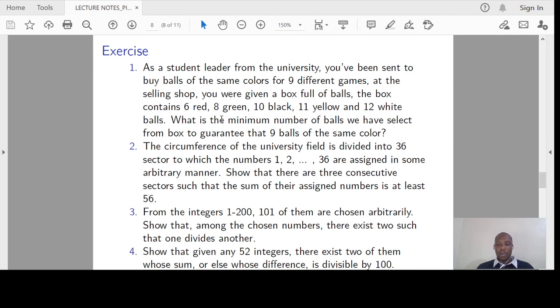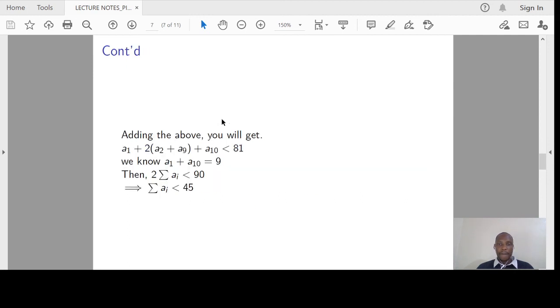Well, before we go to the exercise, if you have any question on what we've discussed on the pigeonhole principle, please record your question on the discussion forum. You can also use my contact. It's attached in Masomo. I have my email there and my phone number. You can just inquire more.